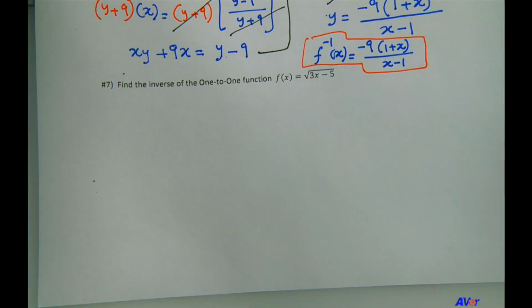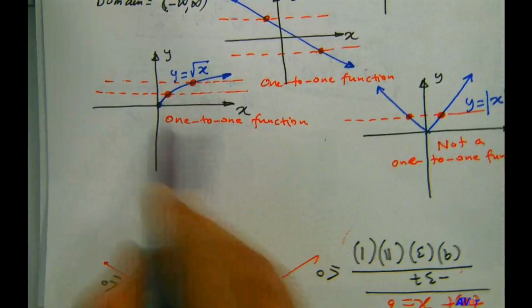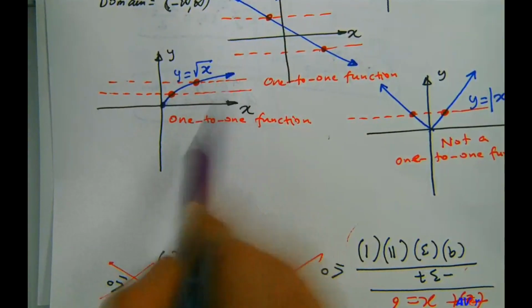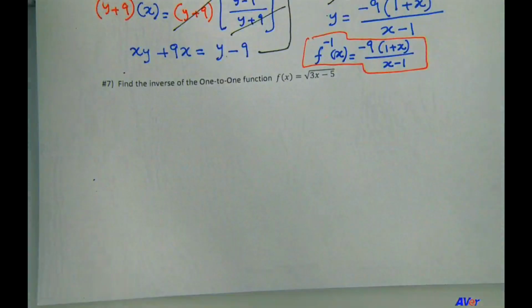We know these are one-to-one functions, right? Earlier we looked at the graph of the basic square root function, right there. The basic square root function has this form. And so we know this category of functions, the square root functions, are one-to-one.